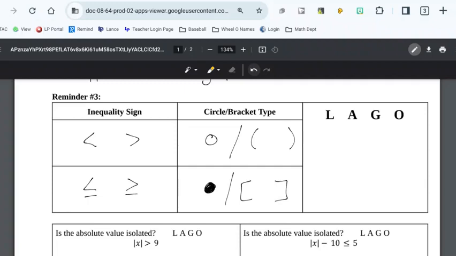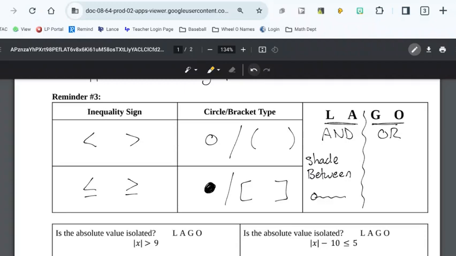And then the final reminder for LAGO, if it's less than, then it's an AND problem. If it's greater than, then it's an OR problem. When we graph AND problems, remember we are going to shade between.